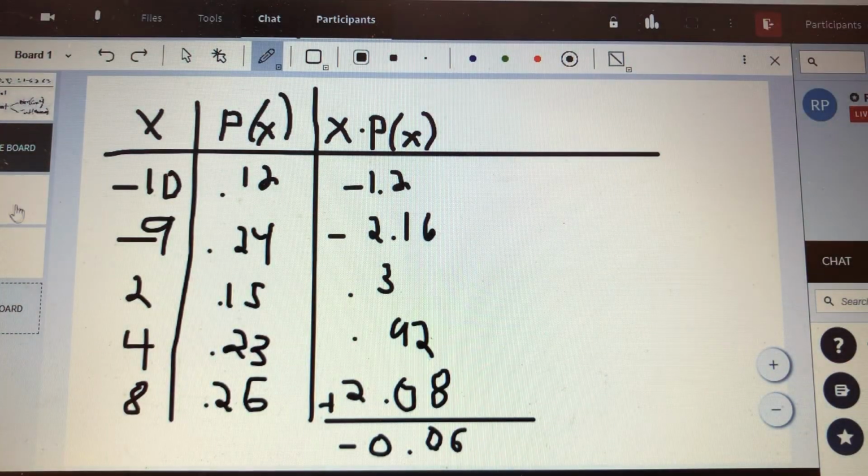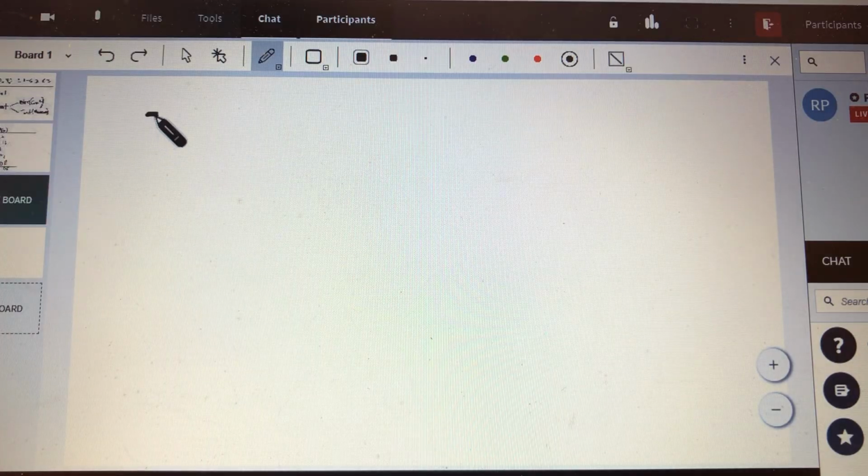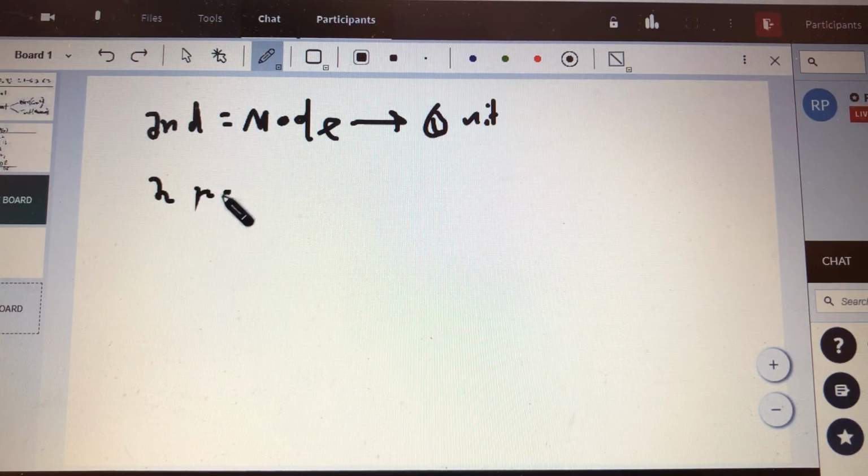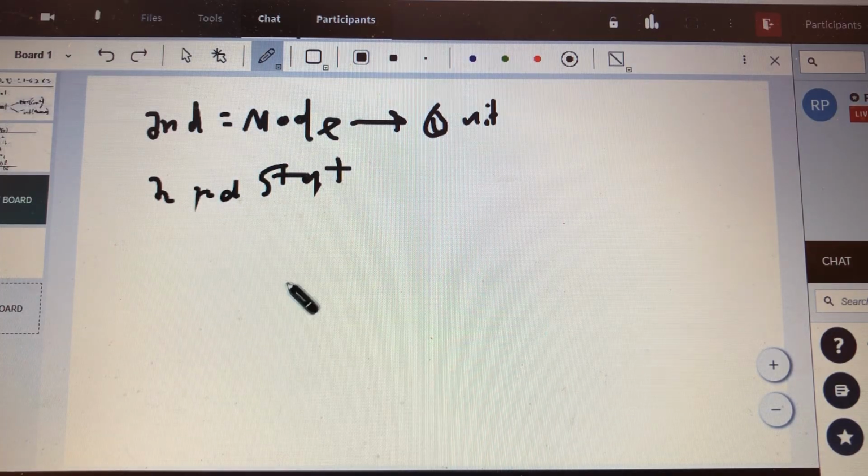But when you want to add up a list, what you do is you press second mode. That quits the screen. Second mode is quit. This gets you out of the spreadsheet. Then you want to press second stat. Right arrow twice over to math.